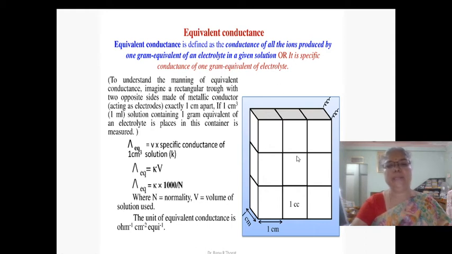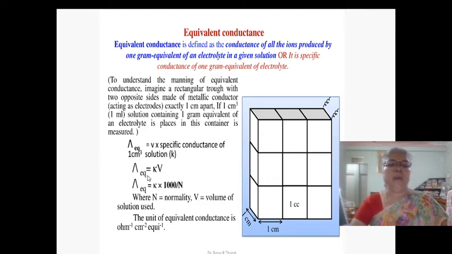Our solution is 1 cubic centimeter, and we have dissolved 1 gram equivalent of electrolyte. Therefore, as per the definition, equivalent conductance is equal to volume of solution into specific conductance.